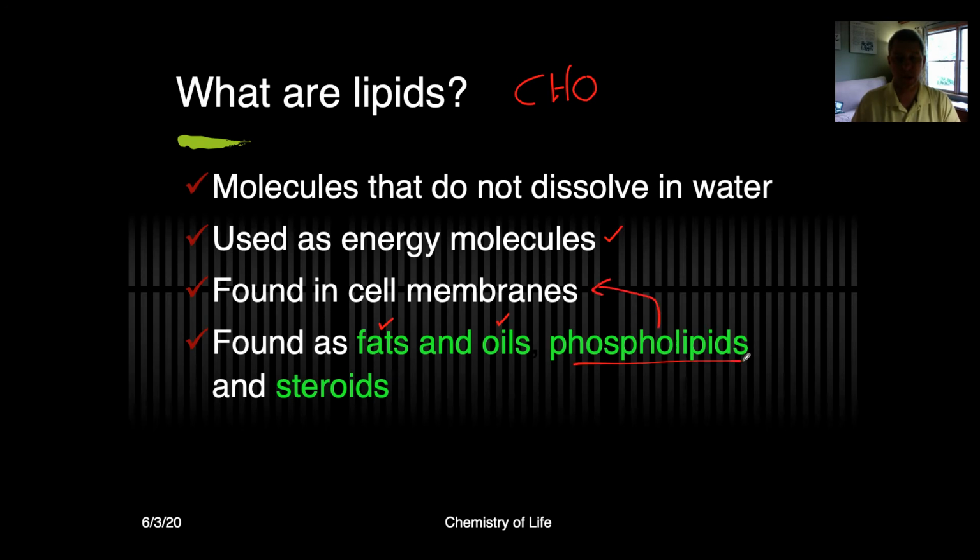So when we talk about cell membranes in chapter 3, you'll see that cell membranes are mostly phospholipids. And then last but not least, the last form is steroids, which are a form of lipid that are used for a variety of different things in the human body, including as hormonal messengers.